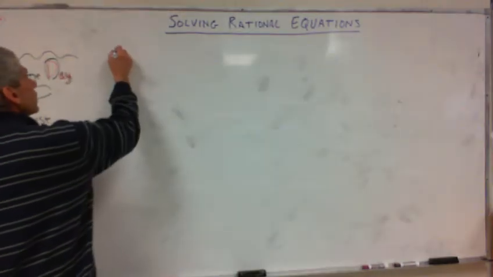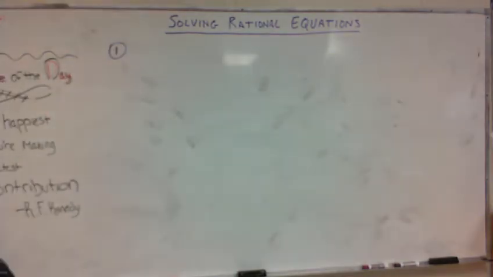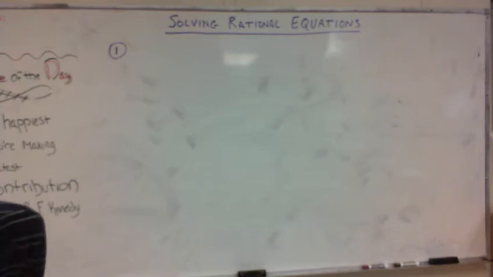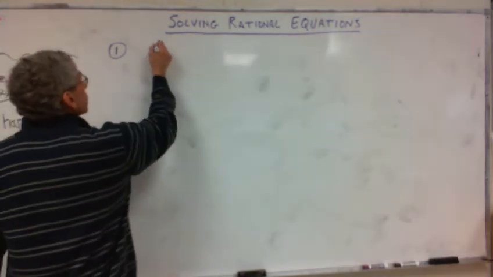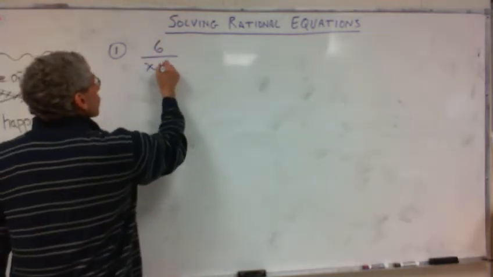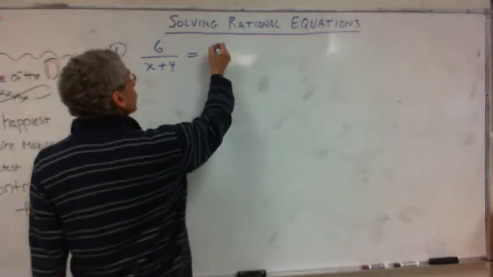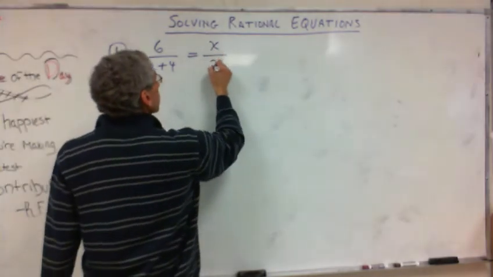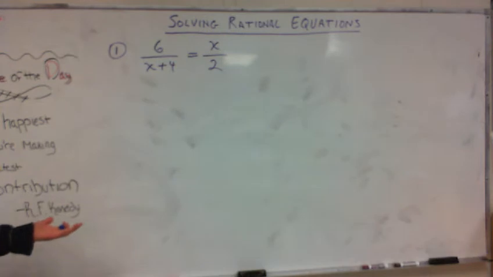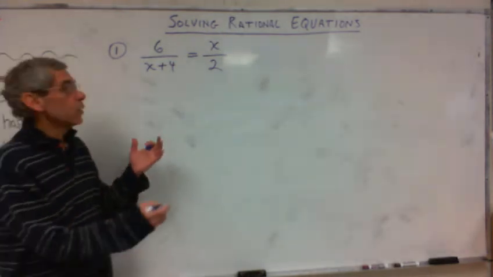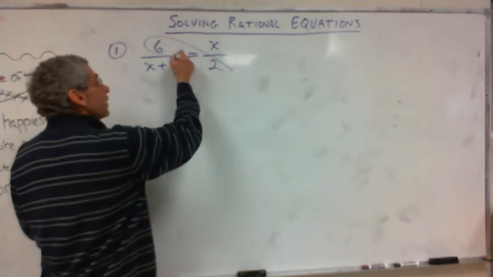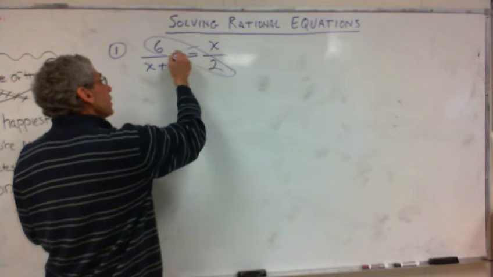number 1, is going to be 6 over x plus 4 equals x over 2. Okay, so that's really easy, really. But same idea. We have to multiply this times that equals this times this.